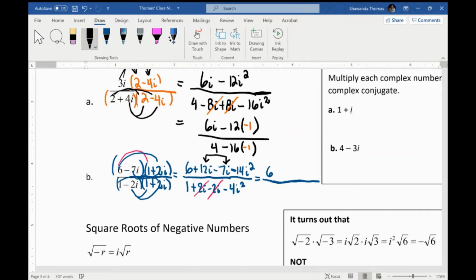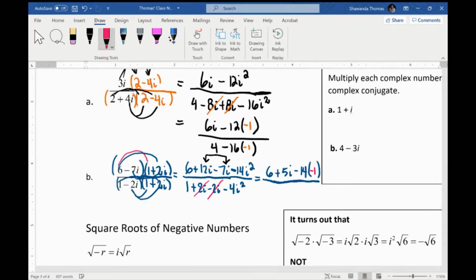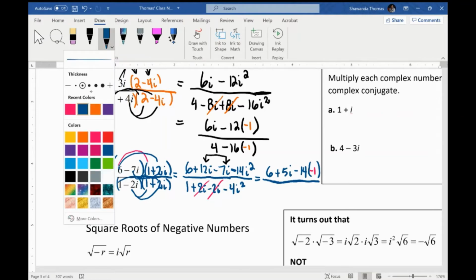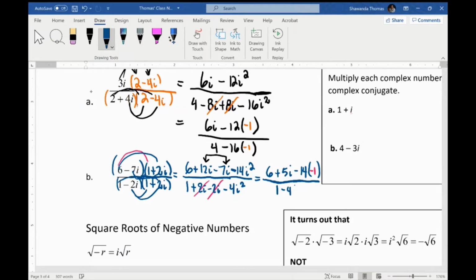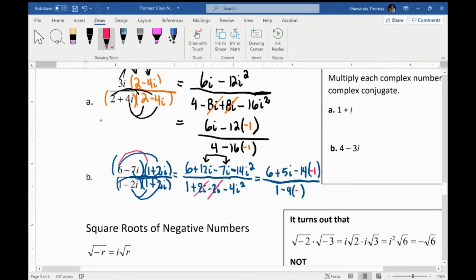What did you get? 5i. Then minus 14 times negative 1, over 1 minus 4 times negative 1. I'm going to give you 60 seconds to write down the next step.